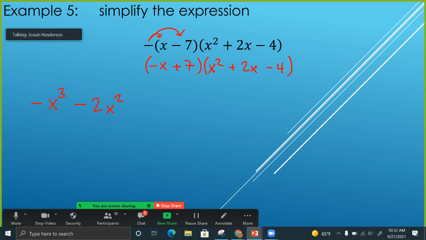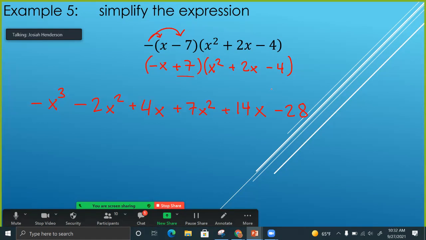And then negative x times negative 4. Remember, negative times a negative makes a positive, so that's positive 4x. And now for the 7. So 7 times everything in the second parentheses. So that's plus 7x squared plus 14x and minus 28.